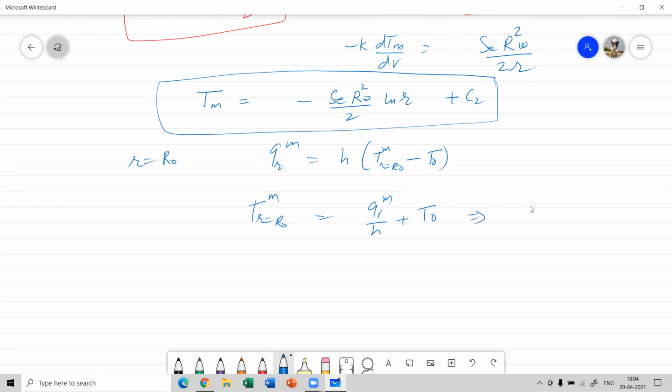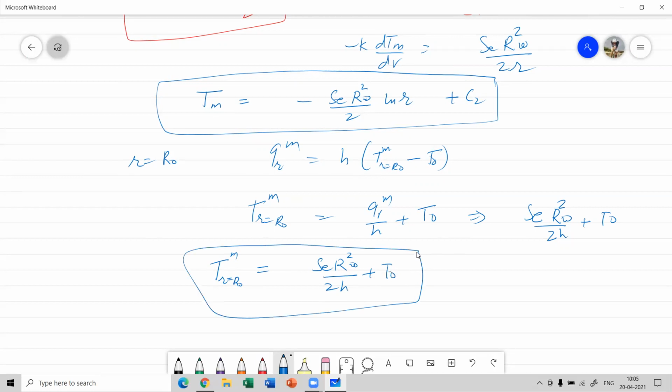QRM is SE R square W by 2 into H plus T naught. So this is the temperature of the metal at the outer surface, that is at R equal to R naught, which is equal to SE R square W by 2H plus T naught.